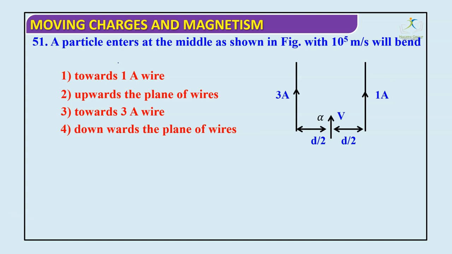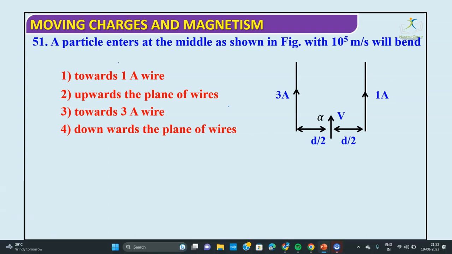If I'm taking the left side, that will be inside from the right hand rule, and the other one is outside. So this will be outward and this will be inward. For that scenario, the particle will bend towards the 1 ampere wire. I hope you understand the correct answer.